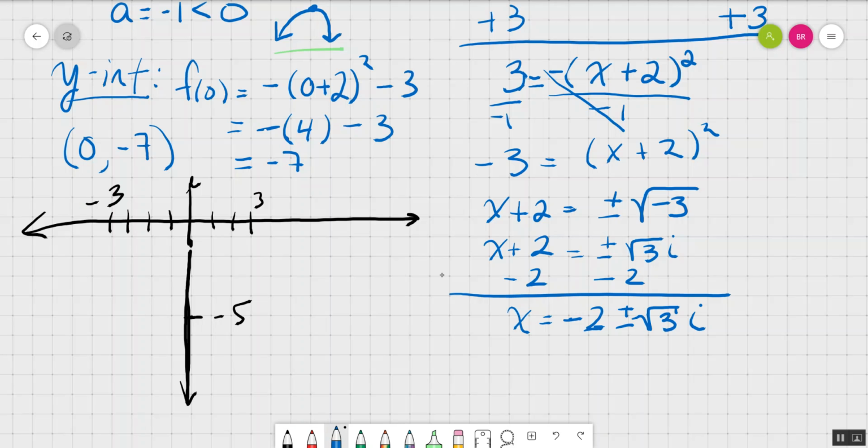Our vertex is at a resounding -2, -3. So -2, and then down 3, 1, 2, 3, right there, and it crosses at -7. That makes this side of the arc from the opening downness of it, and then I'm making the reflectional symmetry point.